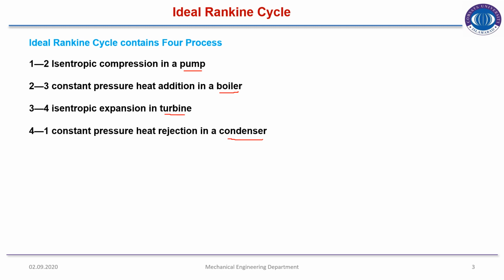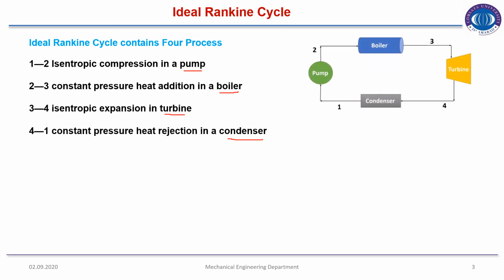So this is a cyclic process. From process 1 to 2, this is a pump. From 2 to 3, this is a boiler. 3 to 4, this is a turbine, and then 4 to 1, this is a condenser.